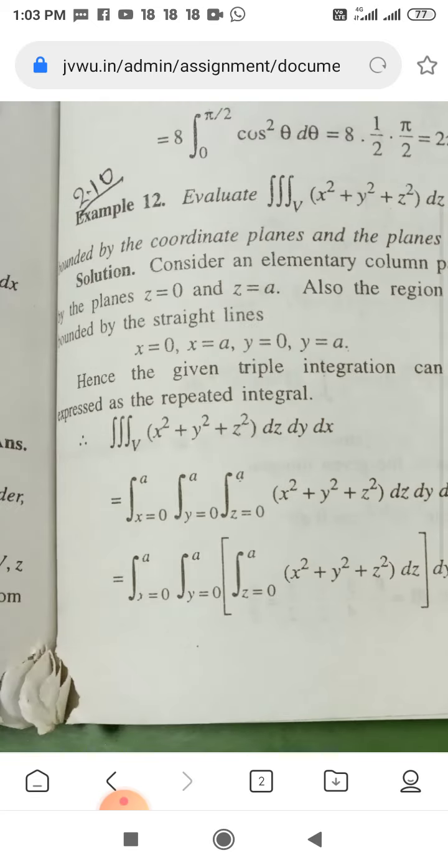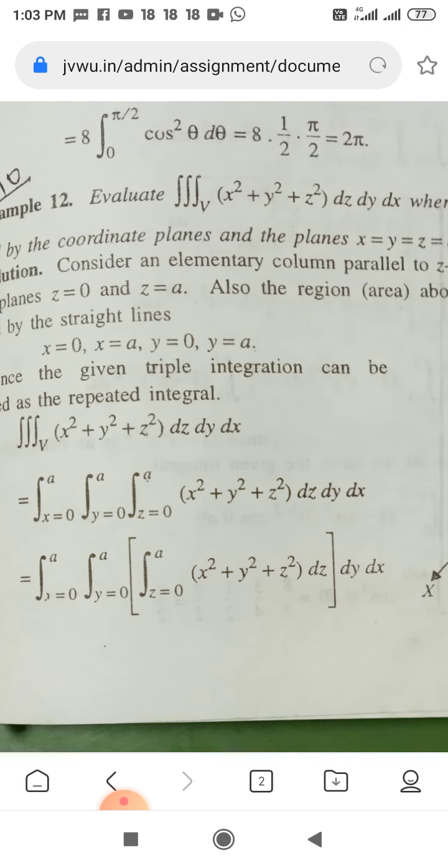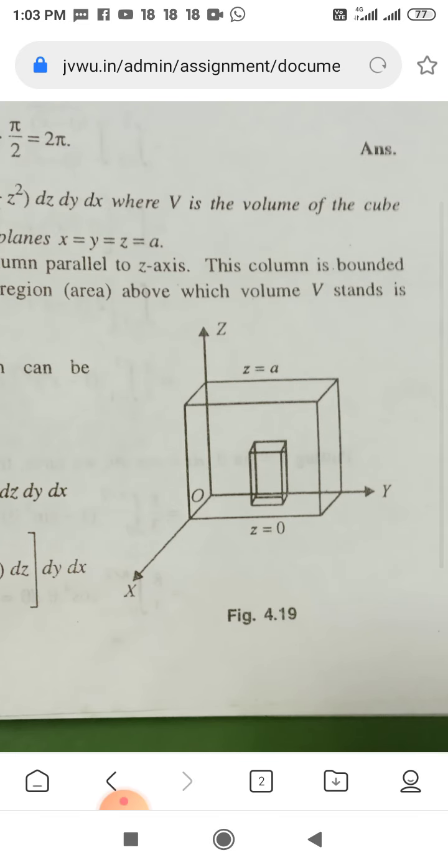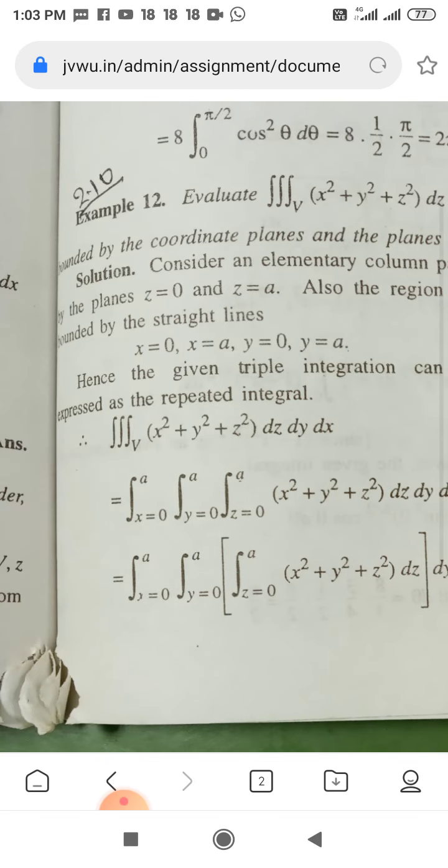The column is bounded by the planes z is equal to 0 and z is equal to a. Also the region above which volume V stands is bounded by the straight lines x is equal to 0, x is equal to a, y is equal to 0, y is equal to a. So this is the volume of the cube which is bounded by the dimensions given here.